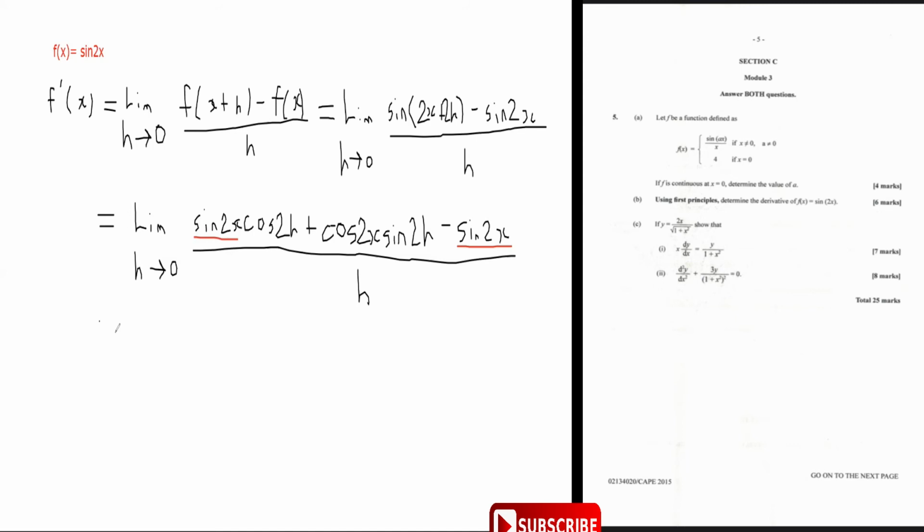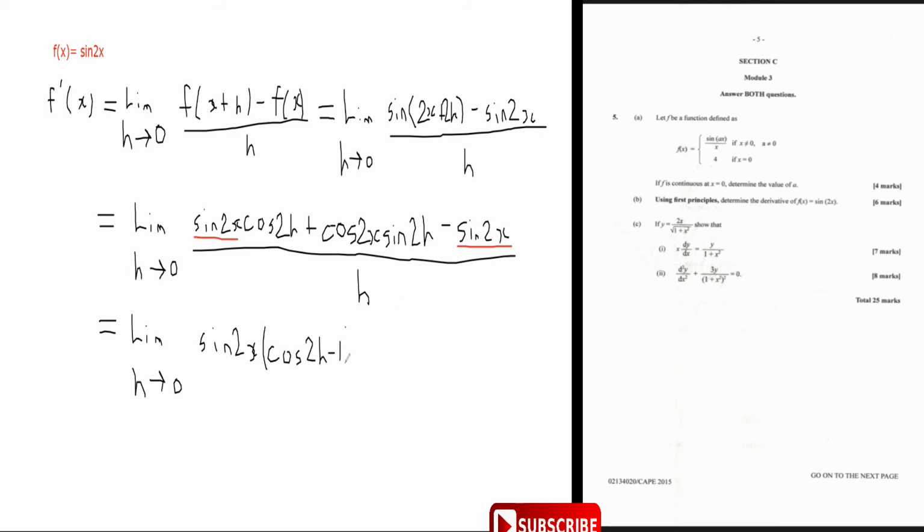So this is going to be equal to the limit as h approaches 0 of, I'm going to group these two and factorize out sine 2x. If I factorize sine 2x, I am left with, in the bracket, cos 2h. And then when I factor out sine 2x from this, I get minus 1.